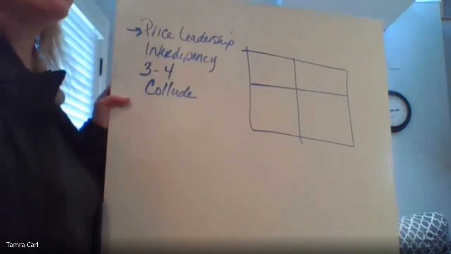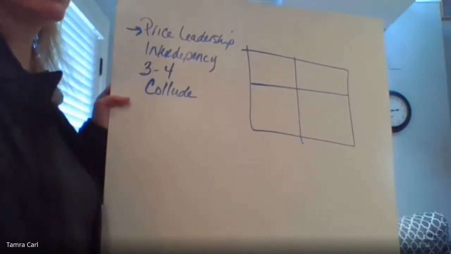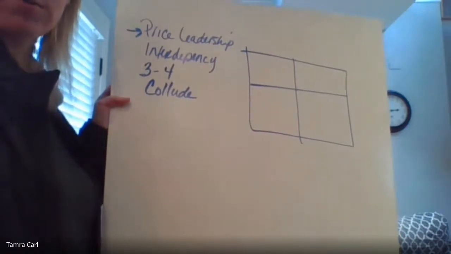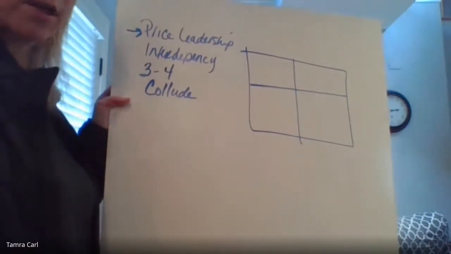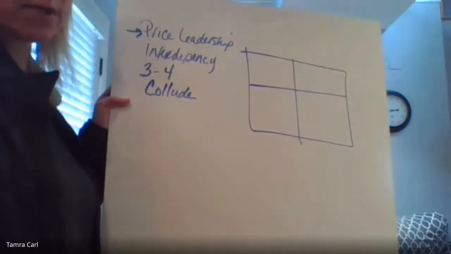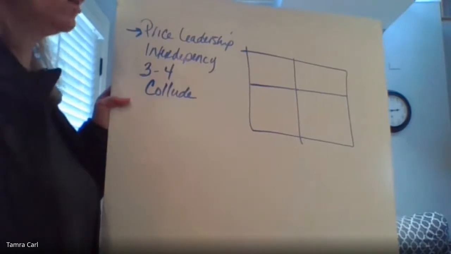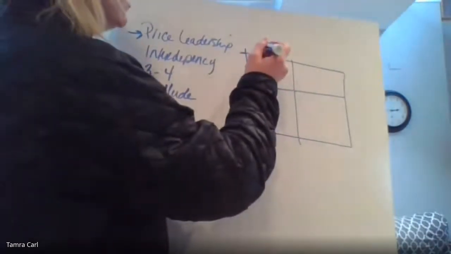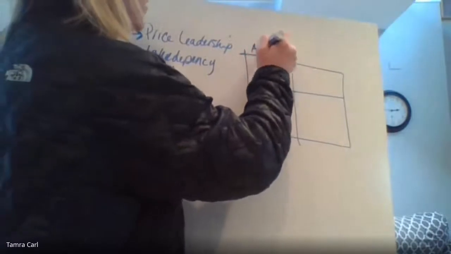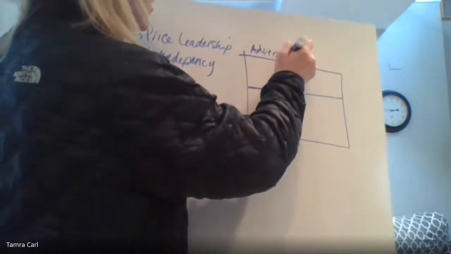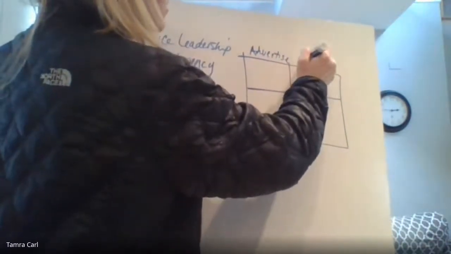And they could have these firms doing so many different things. They could operate and shut down. They could price high, price low. They could advertise, not advertise. It can be all kinds of different things. So let's say here that I have them advertise and not advertise.